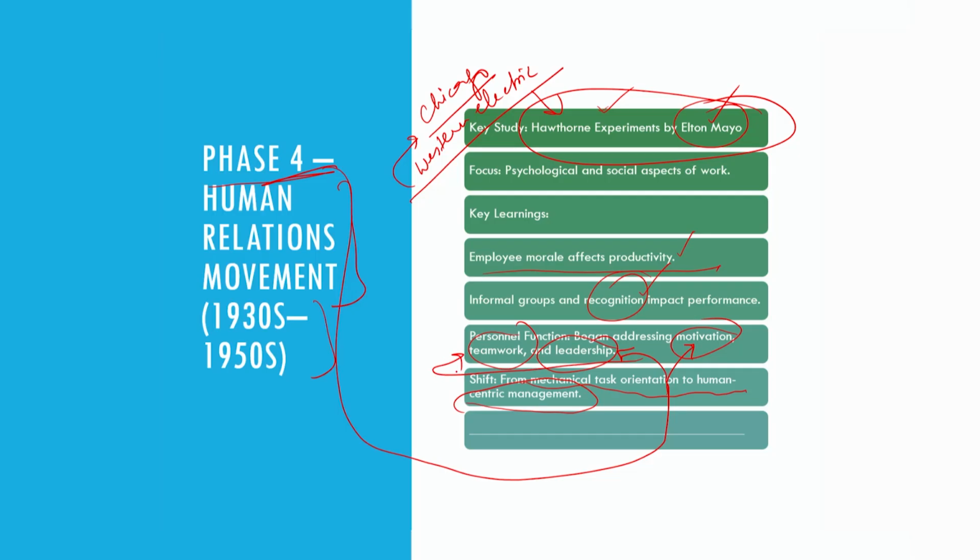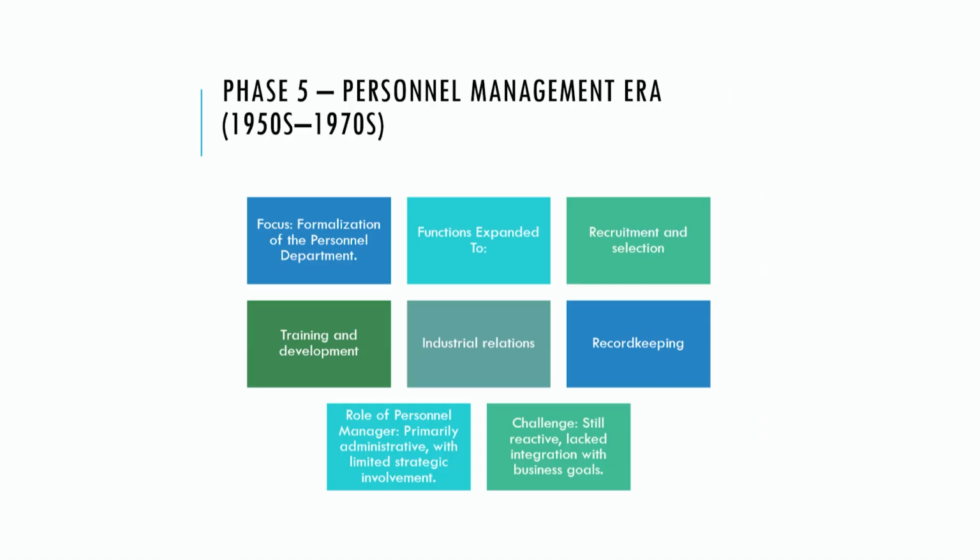Phase 5 talks about the personnel management era from the 1950s to 1970s. The focus of this phase was formalization of the personnel department. That is, a particular department was now established by the term personnel department.